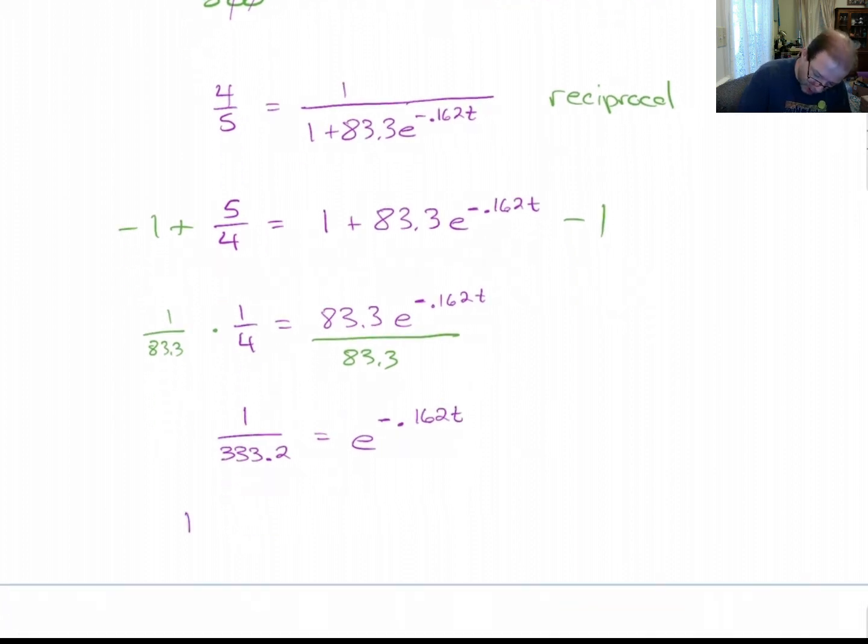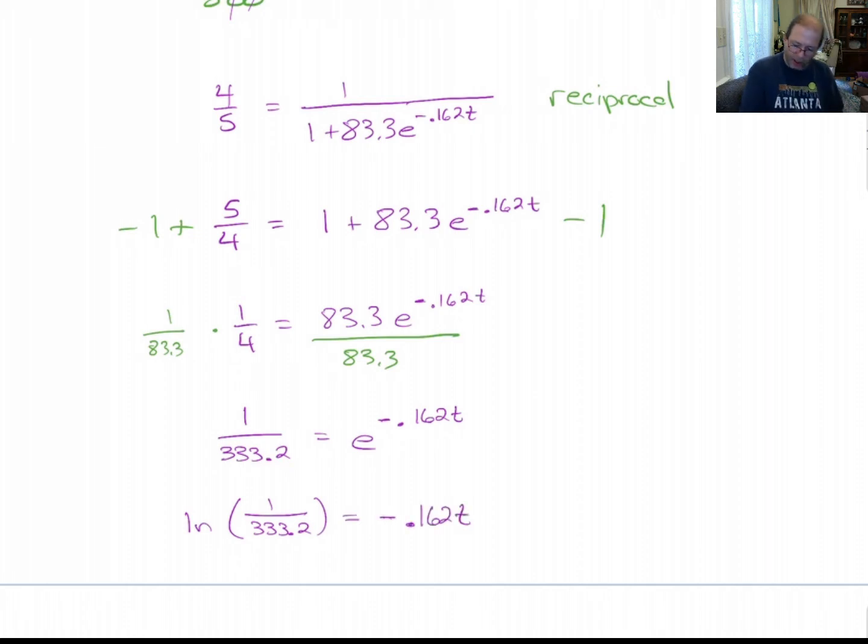Then I'll take the natural log of both sides. And now I'll divide both sides by negative 0.162.